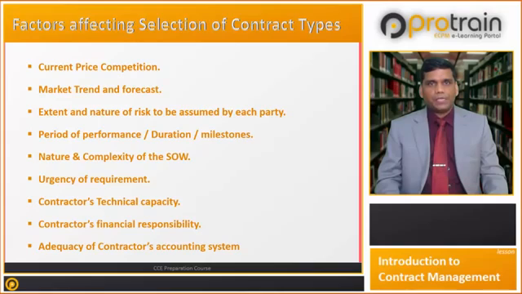Factors affecting selection of contract types are current price competition, market trend and forecast, extent and nature of risk to be assumed by each party, period of performance, duration, milestones, nature and complexity of the scope of work, urgency of requirement, contractor's technical capacity, contractor's financial responsibility, adequacy of contractor's accounting system.